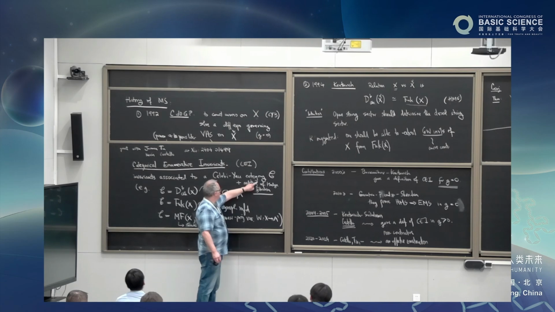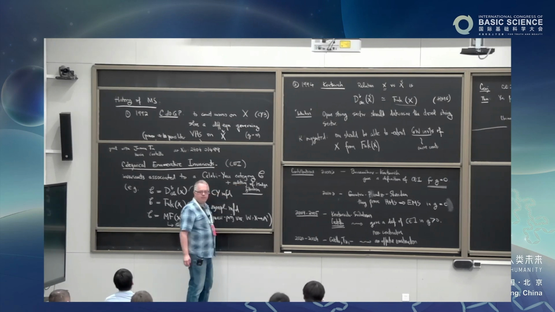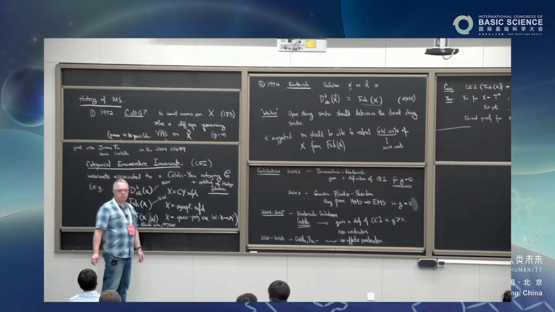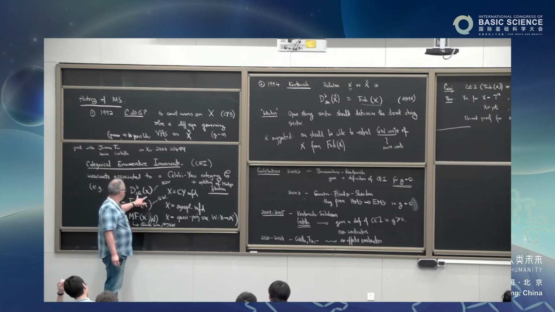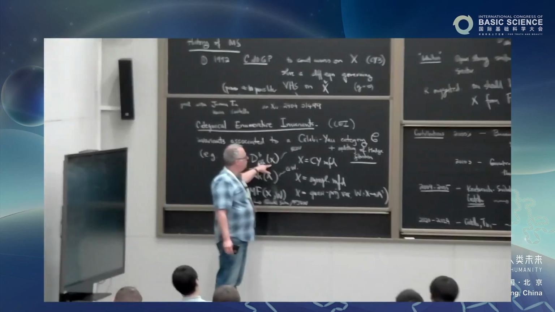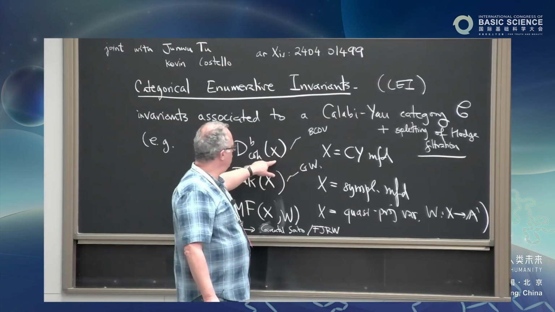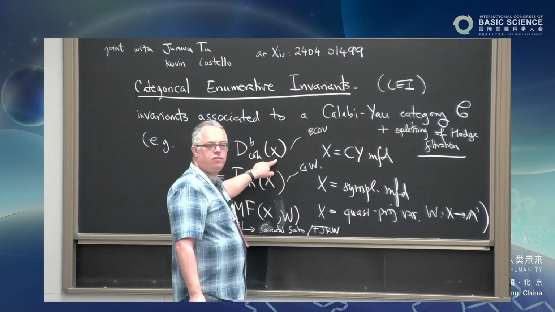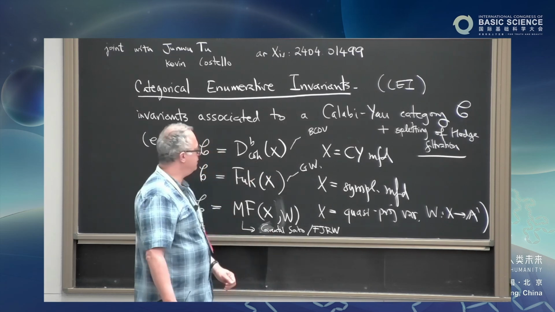You need to know the category together with this data called a splitting of the Hodge filtration associated to this category. This is called a splitting of the Hodge filtration because in the geometric setting, which is this one, the data that you need is really a splitting of the Hodge filtration of this complex manifold X.